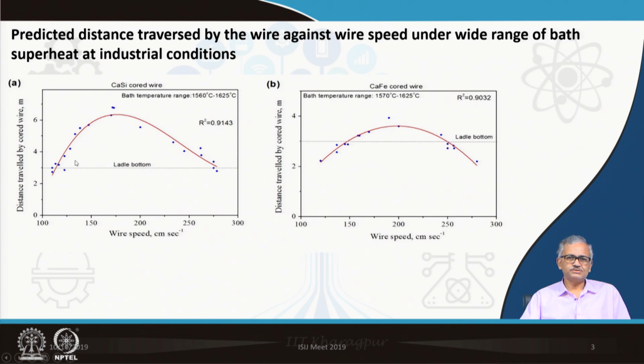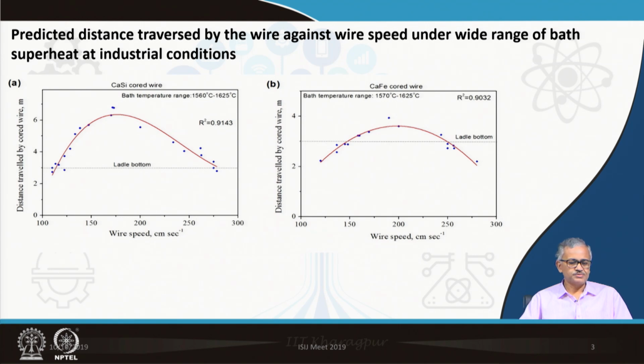This is for the calcium silicide wire, and this is for the CaFe wire. In this case also there is a nice optimum at a particular speed, around 200, where it passes through a maximum, the maximum distance traversed by the wire. This is what we discussed in the previous lectures from the mathematical model, that the distance traversed by the wire becomes maximum at an optimum speed, not at low speed, not at high speed.